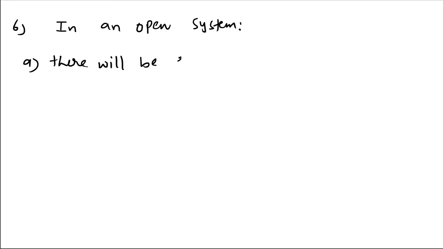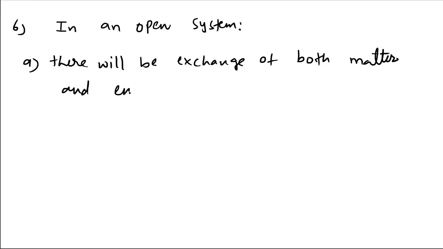The sixth problem. In an open system, so this is a problem based on the very first class. Option A, there will be exchange of both matter and energy. Option B, there will be no exchange of matter and energy.